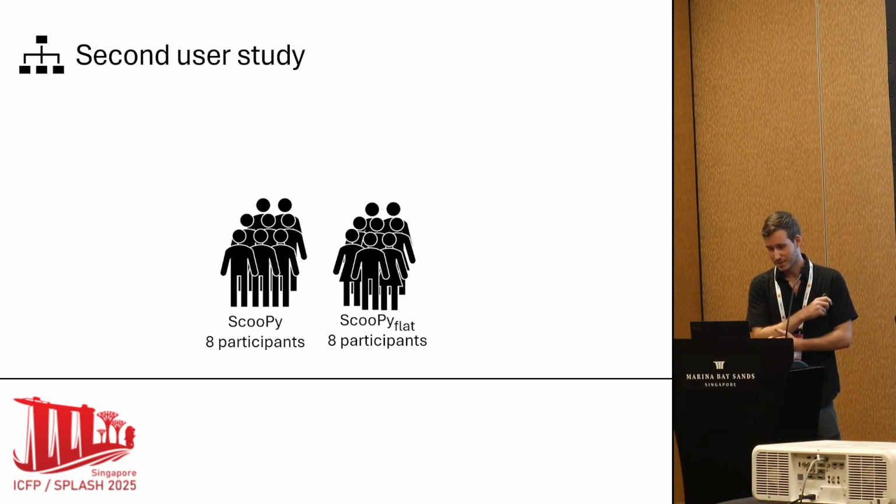I'll just say that both groups went through a guided first task, knowing the ability of the tool, meaning the first group knew that the synthesizer is going to take into account nested scopes, and the other group knew that it is not.